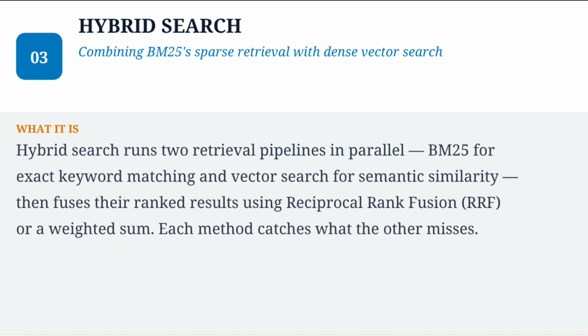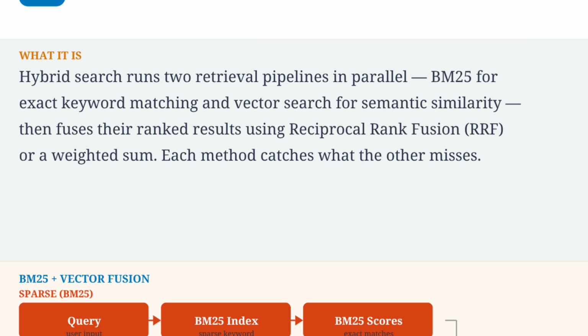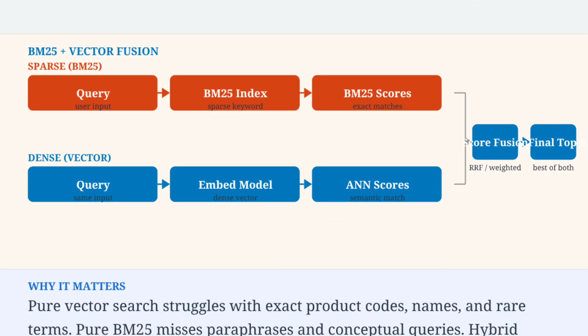That is where hybrid search comes in. It runs two pipelines simultaneously. BM25, classic keyword matching, handles exact terms, product codes, proper names, specific references. Semantic vector search handles intent and conceptual connections.